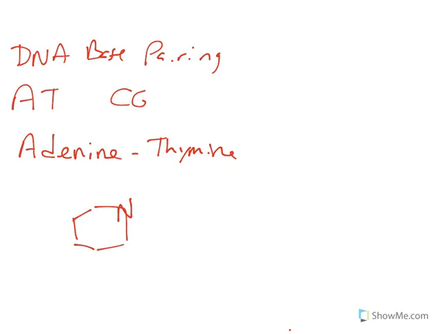I'm not holding you responsible for being able to completely translate these structures. And right there tells me I've got a double bond between nitrogen and carbon. And I've got nitrogen there with 2 hydrogens on it.